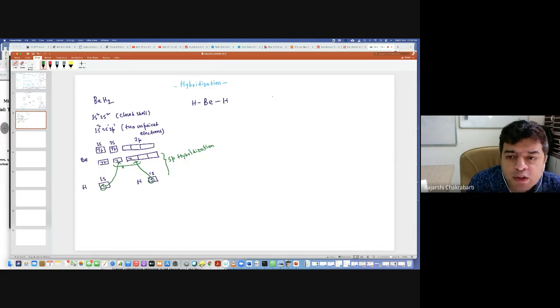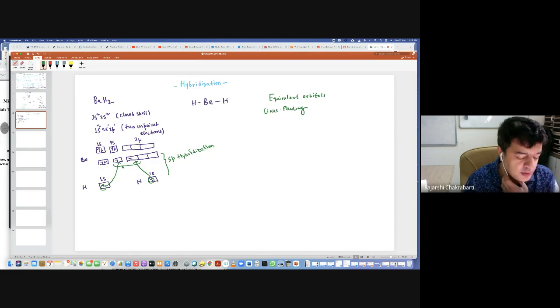Now we want to construct equivalent orbitals. Both the orbitals equivalent, and this concept of hybridization was introduced by Linus Pauling. So basically you're mixing two orbitals on the beryllium atom.